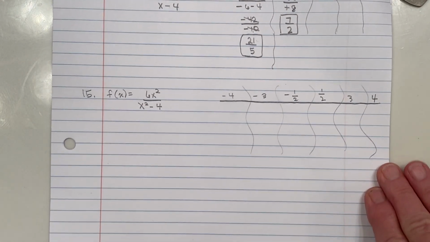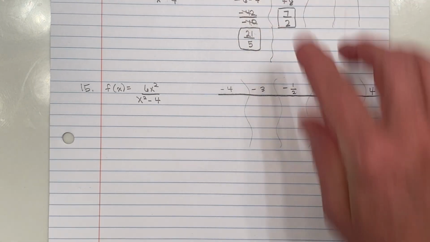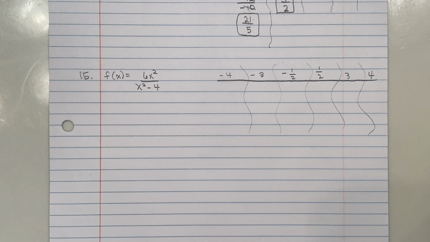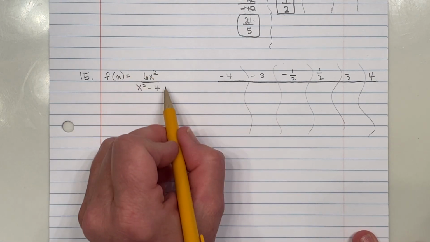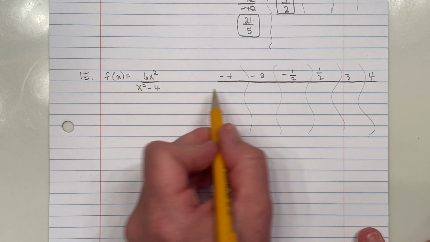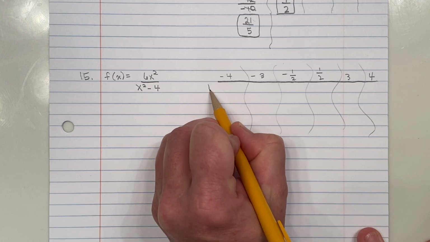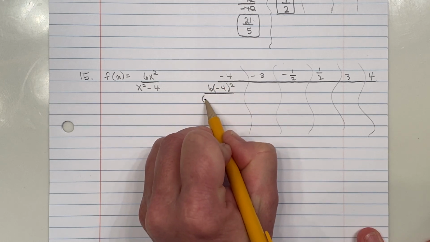I wanted to look at 15 too, because 15 probably is going to require the calculator, and on the calculator we need to be kind of careful about how we enter things. All right, so for my 15, I have this function right here. Yours may be similar. Maybe these numbers are changed just slightly. All right, let's plug in -4. So 6 times -4 squared over -4 squared minus 4.